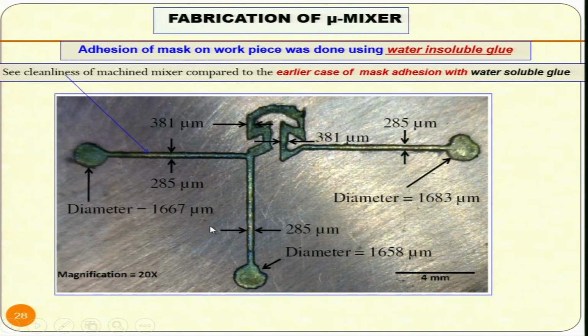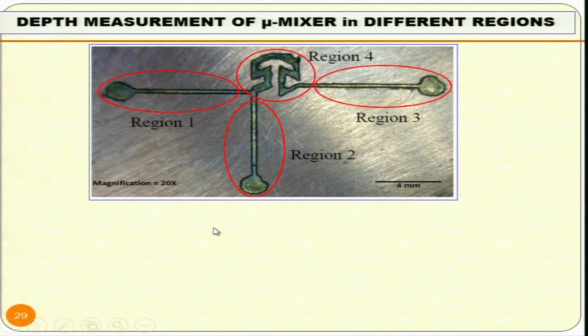So, what is happening here I will show you. One fluid is coming from this side, another is coming from this side, and both of them are getting mixed up and they are going out from here. Now, you can see here, this is region 1, region 2, region 3, or this is region 4. Mixing is taking place in region 4.